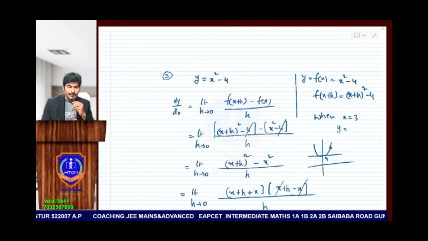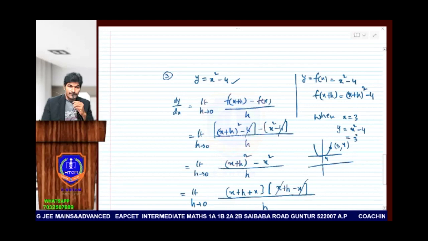At this point, x is 3, he is asking. If x is 3, there must be some y, no? We have to calculate that y by substituting this x value 3 in the definition. The definition is x square minus 4.